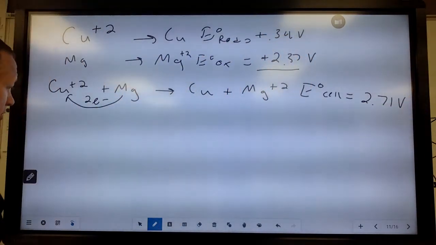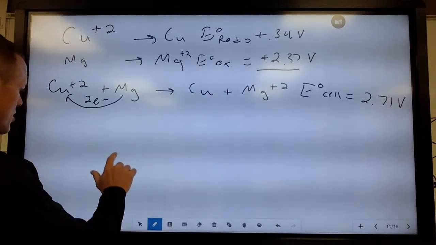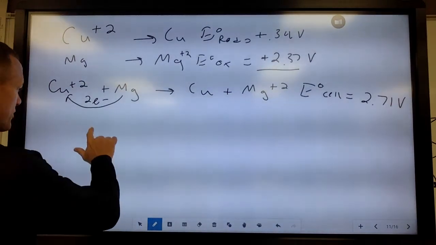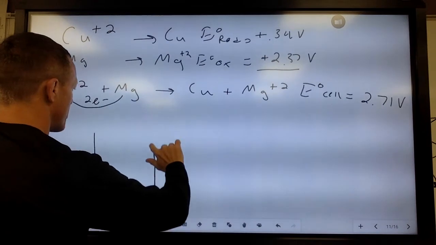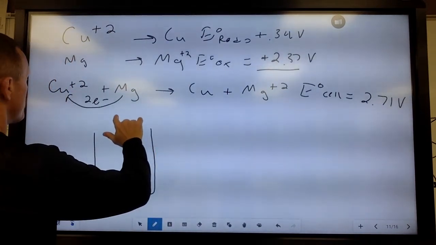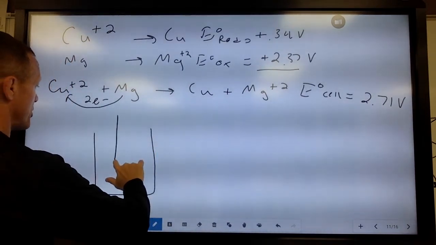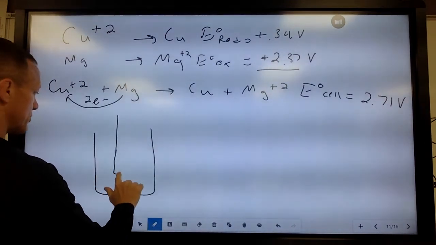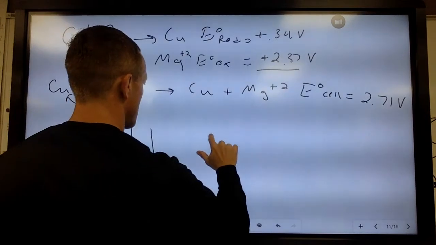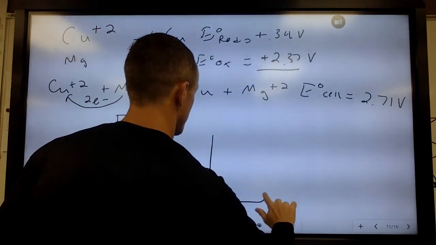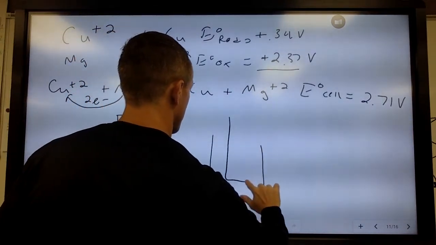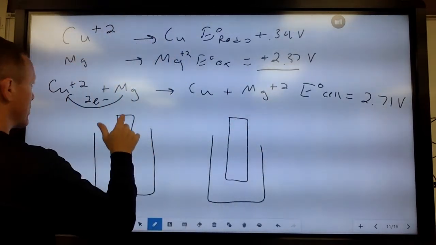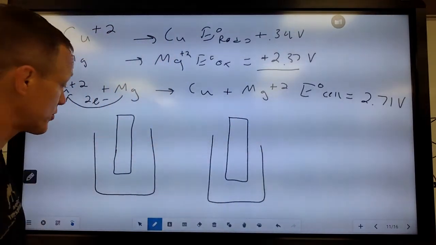If we draw the cell, okay, try to do the best I can of that. So there's a beaker. I'll put the piece of copper in one of them, magnesium in one of them. So it doesn't matter which one you make which, okay? It doesn't matter which one's the anode, which one's the cathode.